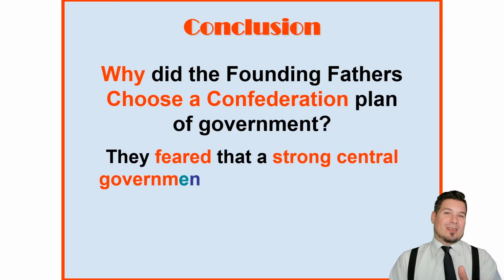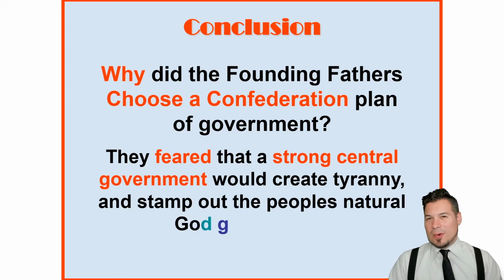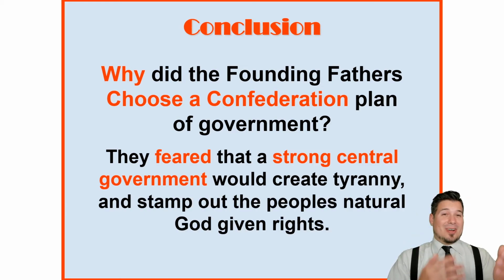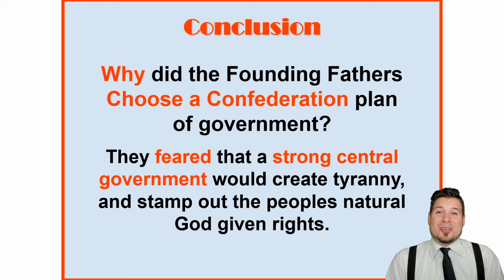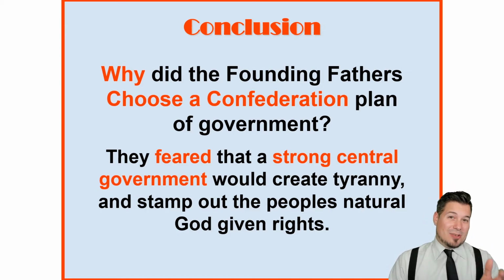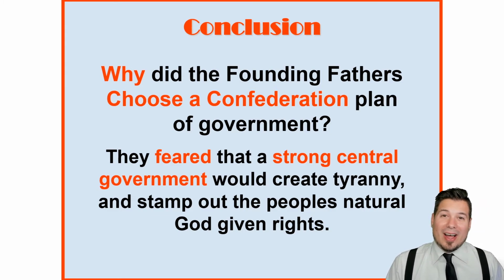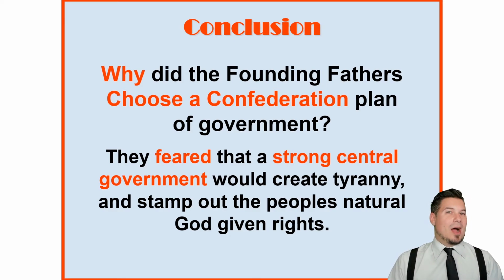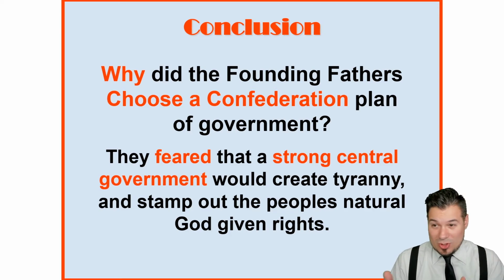They had feared that a strong central government would create tyranny, just like they just fought a war against with Britain, and would stamp out the people's natural God-given rights. Something that, of course, they fought for. And that became the big issue here. They didn't want to give so much power to the federal government that it would be so powerful as to stamp out people's rights. And so, yes, they thought it was justified to use a Confederation plan of government.